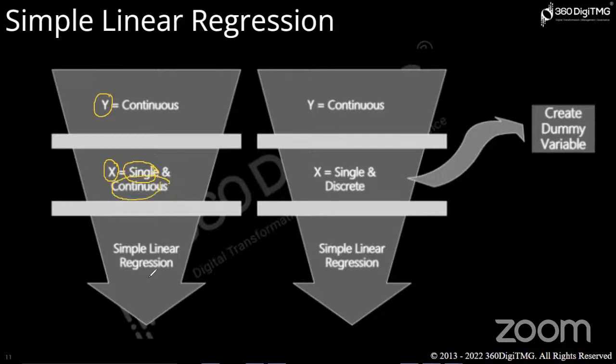This is simple linear regression. And if I have continuous data as my output, but the input values are discrete, what do I have to do? I have to convert this data into numerics. I have to do the conversion.